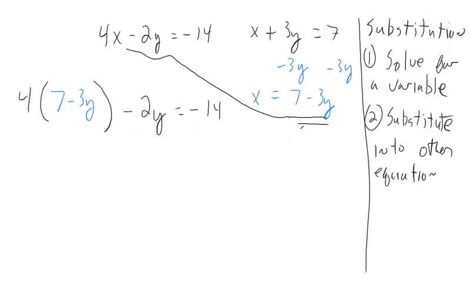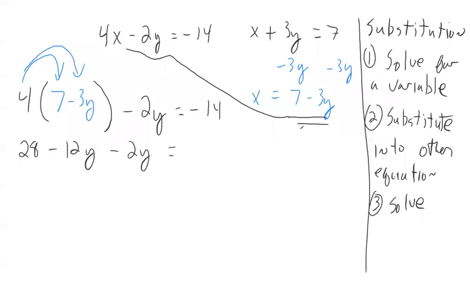So now we have one equation. So now solve for the other variable, right? So first thing I will do is use the distributive property and distribute the 4 through. I get rid of the parentheses. So I get 28 minus 12y minus 2y equals negative 14. Combine like terms, 28 minus 14y equals negative 14.